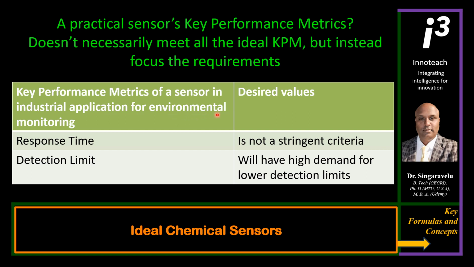In that case, your response time might not be a stringent criterion, whereas you would like a very low detection limit, because in environmental monitoring you will have an open space or a semi-constrained space in which the emitted gases, or it could be in liquid form, the emitted analyte would be very small compared to the existing sample volume.